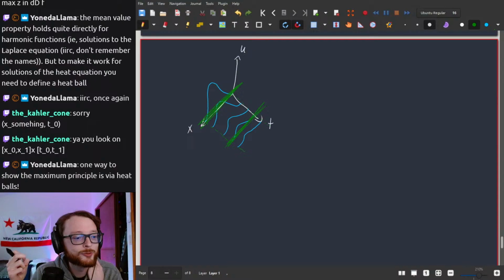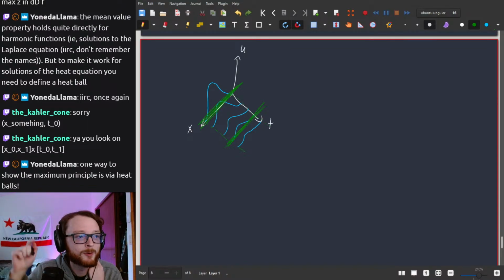If this wasn't true, it would mean that heat is flowing from cold to hot, and it definitely does not do that. Okay, that makes sense now. Thank you.